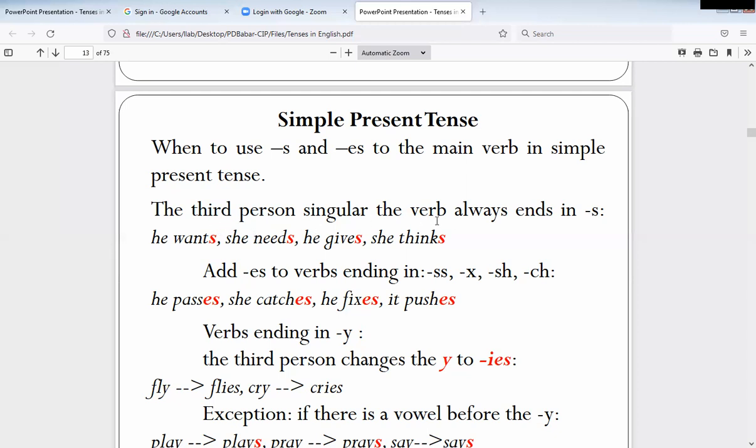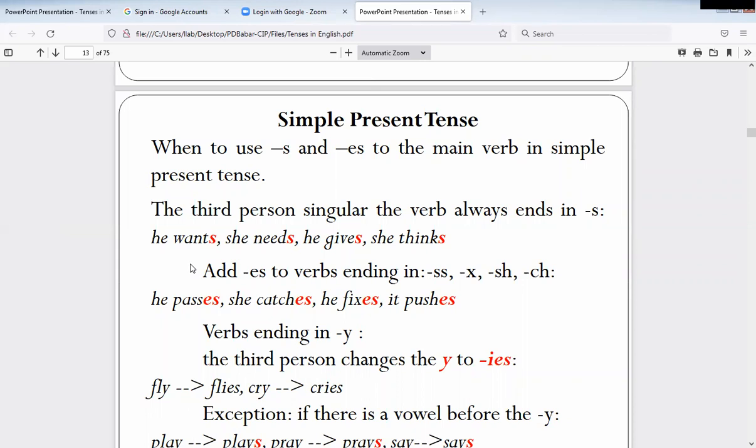The third person singular, the verb always ends in s. So if he is the third person singular subject in the sentence, then he wants, and we can't say he want. We have to say he wants, she needs, he gives, she thinks.